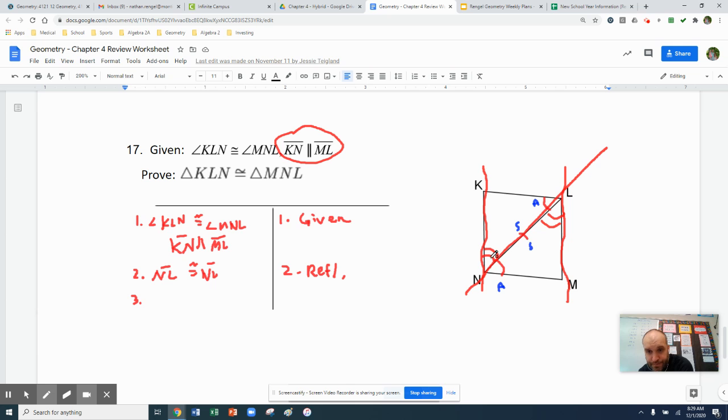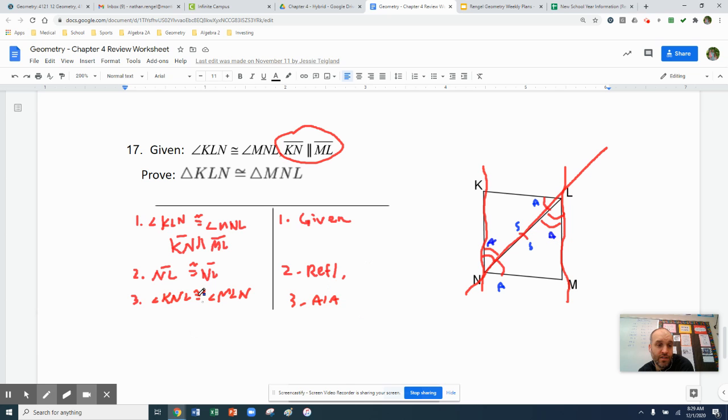So we're going to have our angle KNL is going to be congruent to our triangle, or excuse me, angle MLN. And that's going to be because of alternate interior angles. Now I've got angle and a side, and now I've got a third angle.